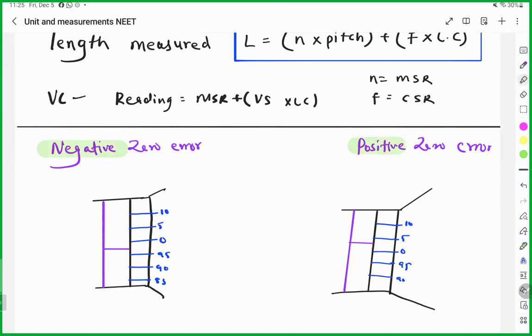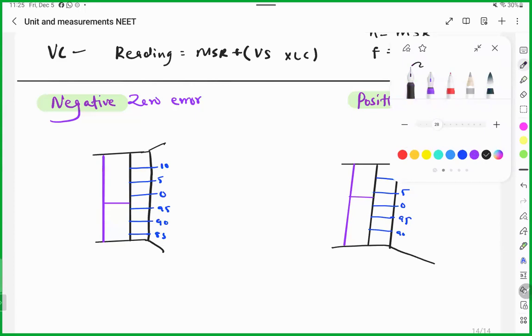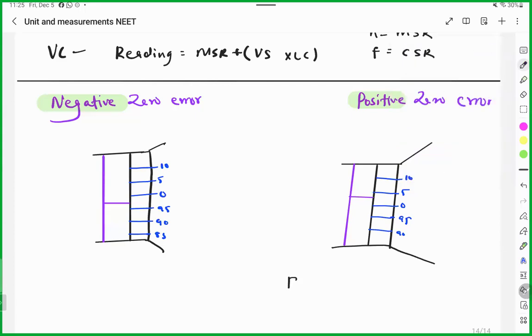Yes, sir. How to calculate positive and negative zero error? Ditto the same as what we did in the previous topic. To calculate positive zero error, it will be the circular scale division coinciding with the main scale, multiplied by least count. And this is positive.